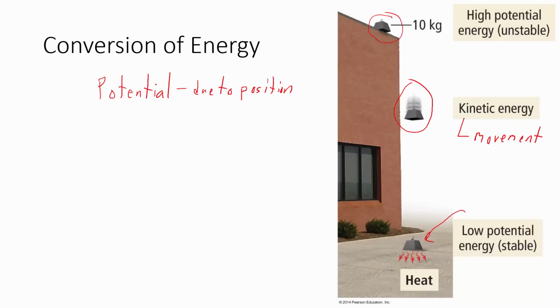It might chip, break, or bend, and there's sound energy given off and heat energy given off. Sound and physical changes to the structure of that sidewalk. It could break. So that energy is transferred from potential to kinetic to heat, sound, and other things.